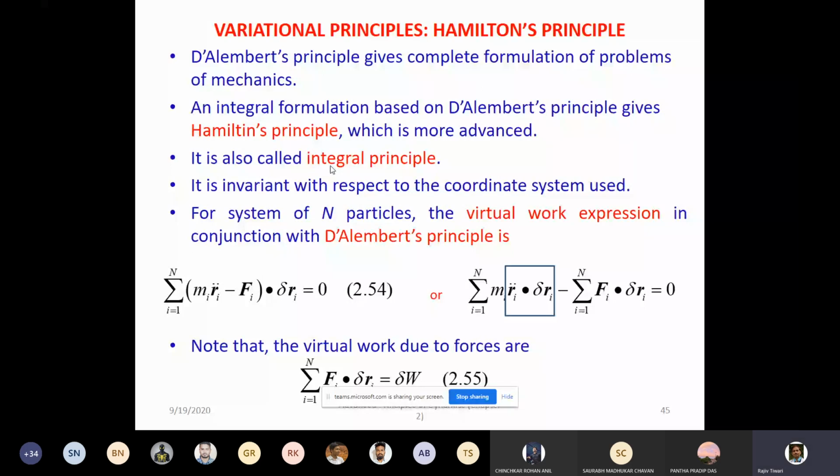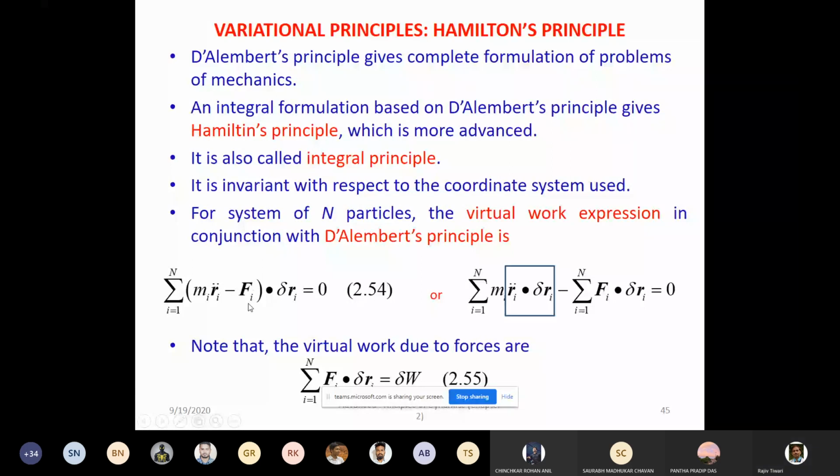We already have this expression from the virtual work principle for the dynamic case. That means we already implemented D'Alembert's principle in that. So you can see the inertia force. This is the inertia force, and the external force, and this is the virtual displacement.